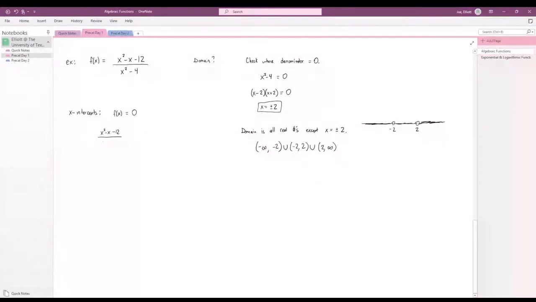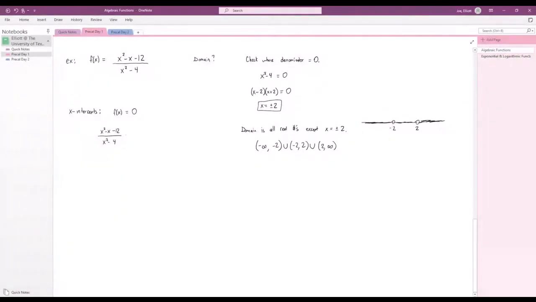And when you set this function equal to 0, you can multiply the denominator to the other side to solve this equation. So in a sense, you really just look at where the numerator is 0. And then here we could factor this to try to solve for x.